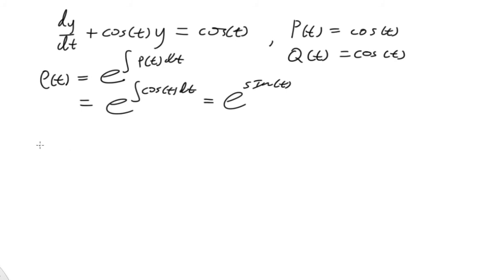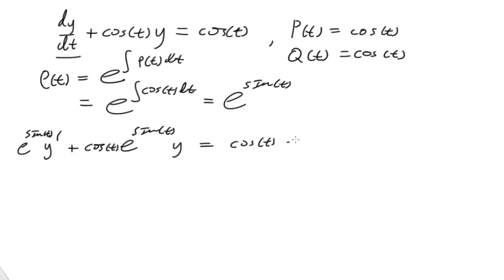So we have y prime, which I'll just call dy/dt, times e to the sine of t, plus cosine of t, e to the sine of t times y, equal to cosine of t, e to the sine of t. This looks like the result of a product rule.